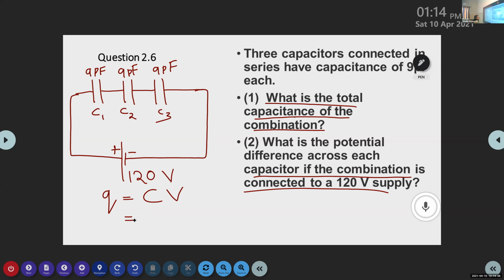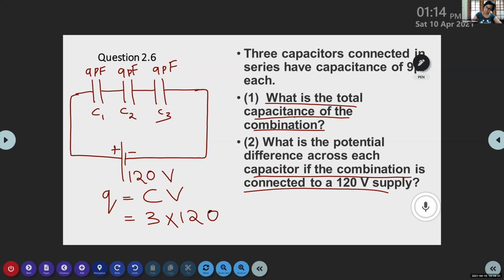What is the value of capacitance in this combination? Effective capacitance of the series combination. That is what we calculated in the first sub question. 3 picofarad. 3 into what is the voltage applied here? It is 120.